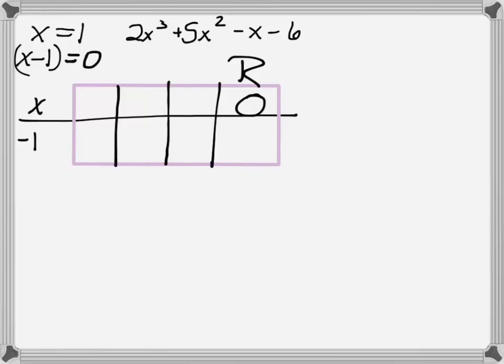And so we have 2x cubed that gets placed in the top left box. And now we need to go through the process to try to find what gets factored out and what's left behind. So 2x cubed divided by x is what?